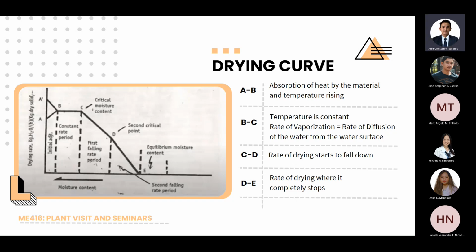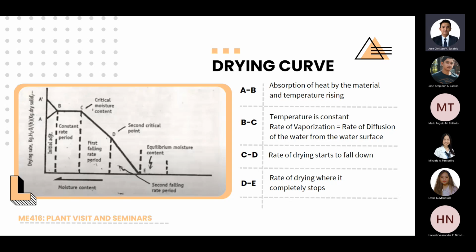Then from C to D based sa graph, first falling rate period. Basically kaya lang siyang falling rate period, ibig sabihin bumabagal lang yung pagtanggal ng water content kasi doon sa from B to C mataas na yung temperature na binigay niya. Kasi yun yung peak temperature niya. Kaya halos wala na ring water content doon.